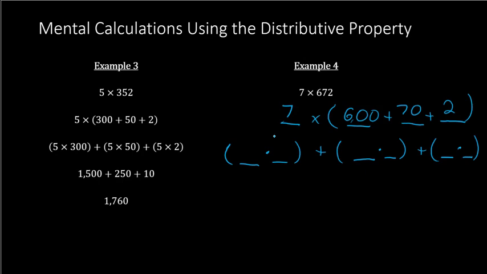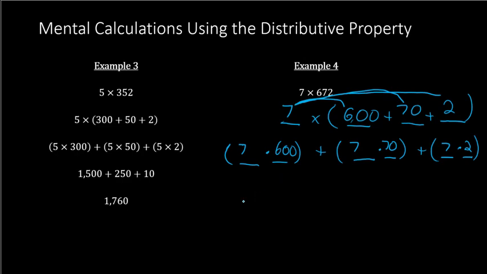So what you should have is 7 times 600, because what we're doing is we're multiplying 7 times each of these numbers. Right? 7 times 600, 7 times 70 would be the next 2 blanks, and then the last 2 blanks would be 7 times the 2. Alright, so that should be your next step.